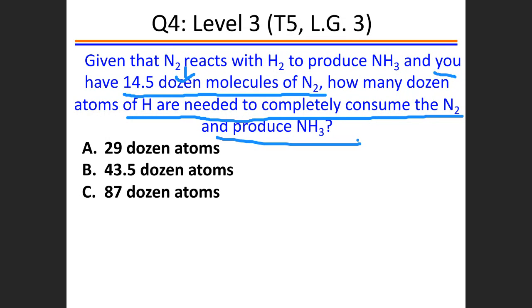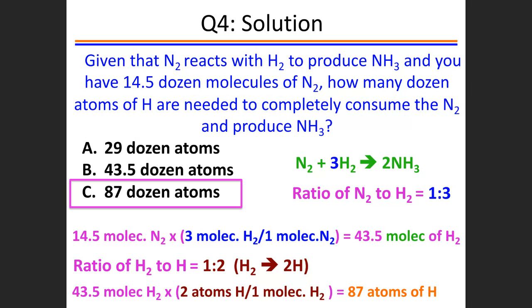So now let's go back to our job. The ratio of nitrogen to hydrogen is 1:3. This is clear. Now, 14.5 molecules of nitrogen times 3 molecules of hydrogen divided by 1 molecule of nitrogen. We have the ratio for 1 nitrogen molecule, but we don't know the ratio for the 14.5, correct?